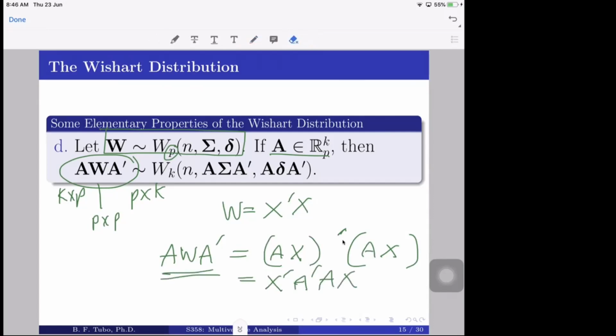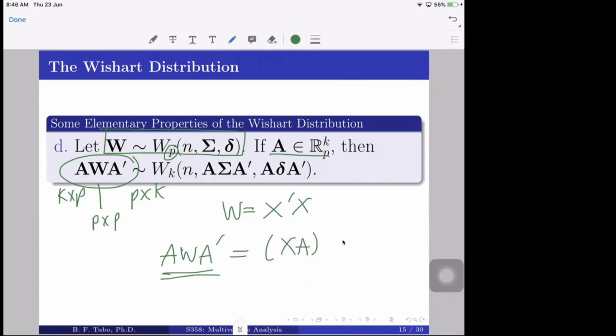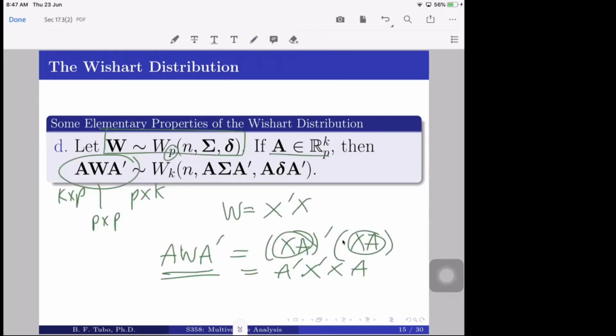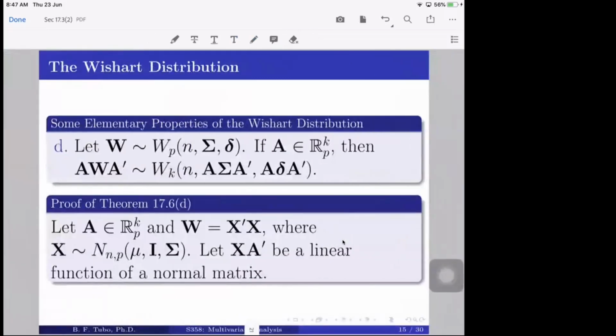Kung balihon nimo XA prime, XA, naman kang A prime X prime X A. Gyapon. So unsa man ato ang himuon ani. So kay di man gyapon mo gawas. So unsa man gyud ang component ani. Okay? So mao na ang pangitaon.